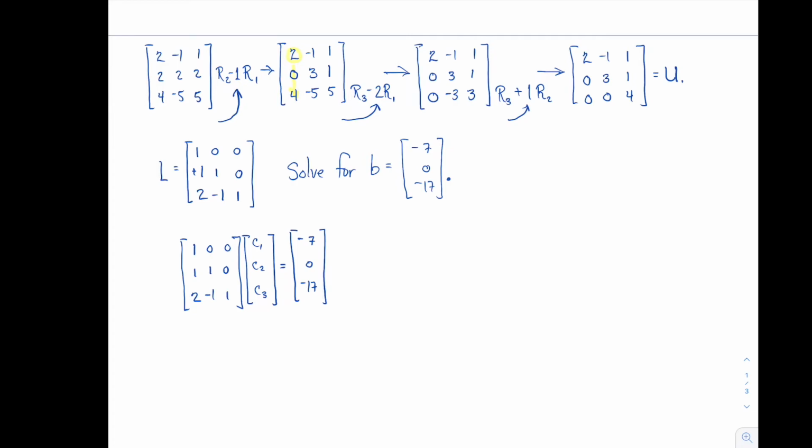Okay, well now look at this. This works by back substitution, but now we're at lower triangular. So the first variable we get is C1, and we get that C1 is equal to minus 7.